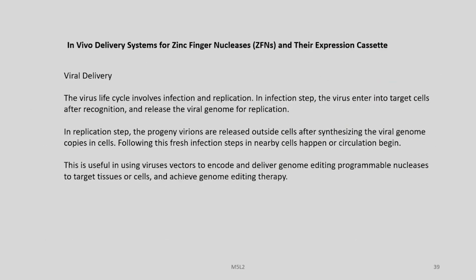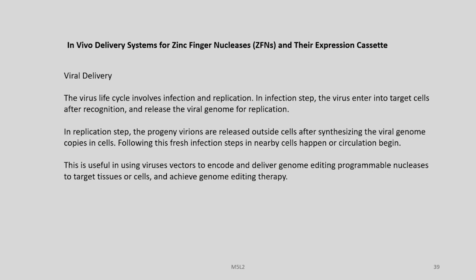So, in vivo delivery systems for zinc finger nucleases and their expression cassette. We use virus, as we already told in the earlier slide. The virus life cycle involves infection and replication. In the infection step, the virus enters into target cells after recognition and releases the viral genome for replication.